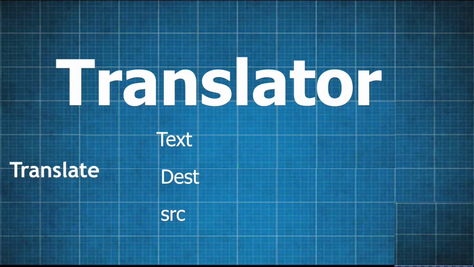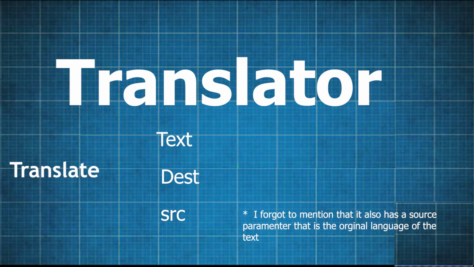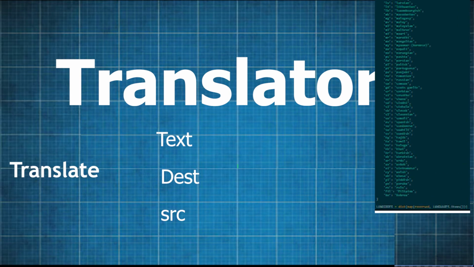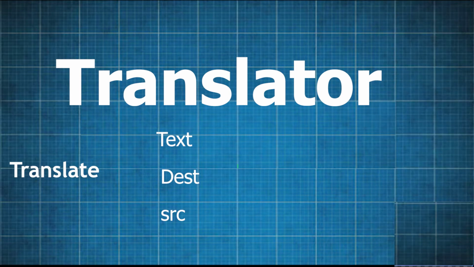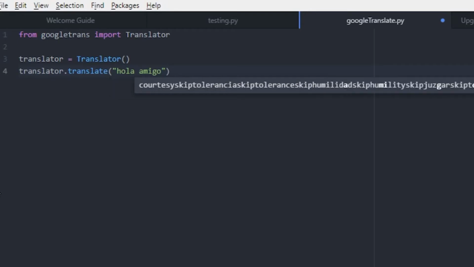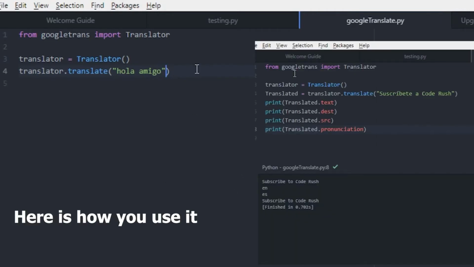Here's an example of me using this function, and you see that all you have to do is add a text, and it'll translate it to the default, English, but you can put Spanish as a destination, pretty much any other language. The list of languages is on screen now, so you'll notice that there's a bunch of languages, so it's pretty infinite. It has the full functionality of Google Translate, so it's pretty powerful.